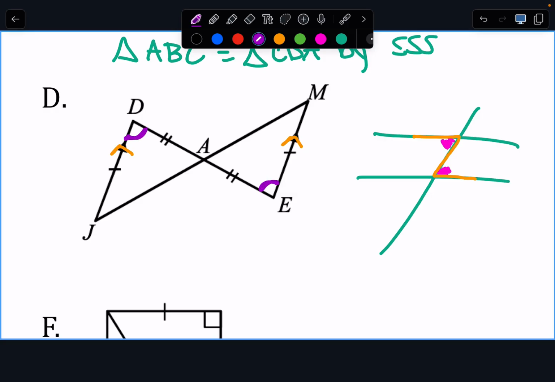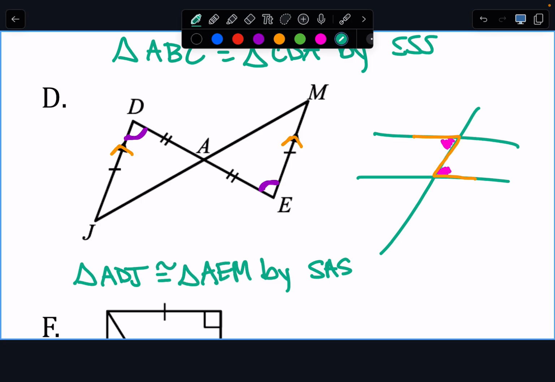We can mark that D and E are congruent because they're alternate interior angles, which means we can show that these two are congruent by using SAS. Side, angle, side. So we can say that triangle ADJ is congruent to triangle AEM by side, angle, side.